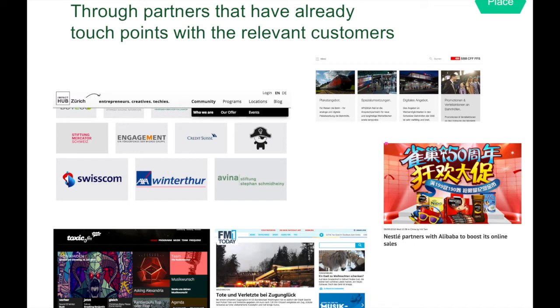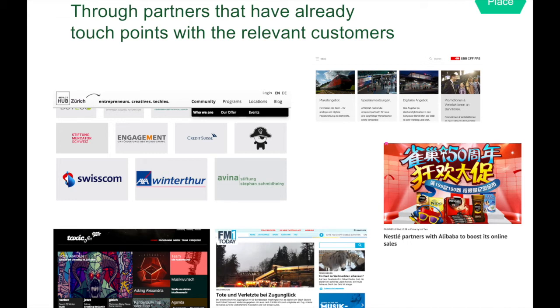So Nestlé is lacking in understanding for the Chinese customer, for the Chinese market. So they partner up with Alibaba, who has all the data for the consumer behavior, but Alibaba lacks the food product that Nestlé can offer in this partnership. So Alibaba has the relevant touchpoints with customers, and Nestlé is using these touchpoints again.